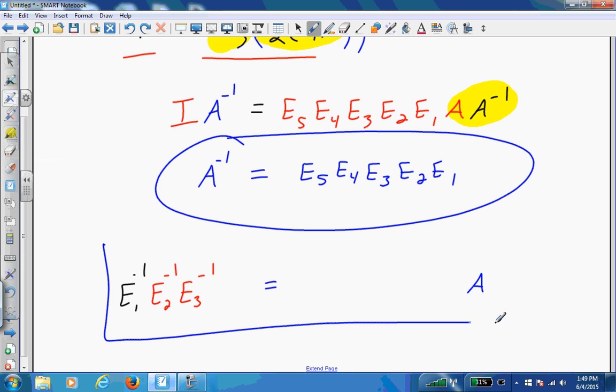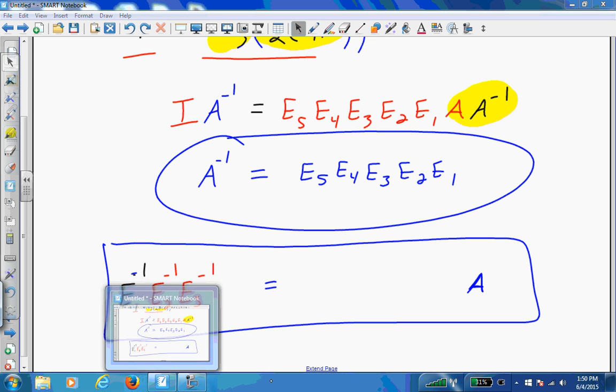So A can be represented as a product of inverse elementary matrices. If we know which elementary operations it takes to reduce A down to the identity matrix, if it can be reduced to the identity matrix, then we can rewrite A as the product of those inverse elementary matrices.